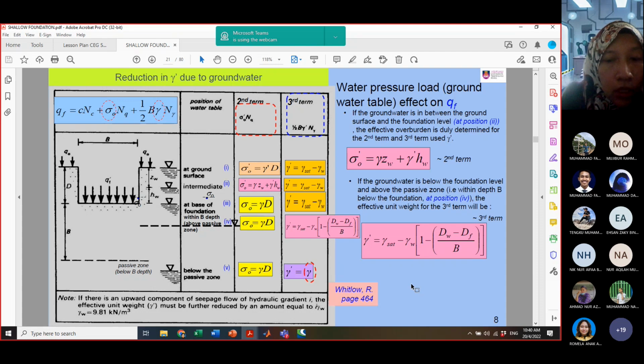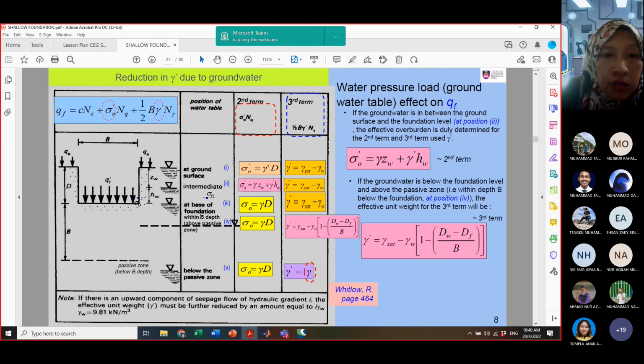It must be 9.81 sebab dalam sini pun dia dah kata if there is an upward component of seepage flow of hydraulic gradient i, the effective unit weight must be further reduced by an amount equal to i gamma w, which is 9.81 kN per cubic meter. So siapa yang guna 10 kN per cubic meter, saya akan reduce mark. So please, 9.81 is the value for gamma water.